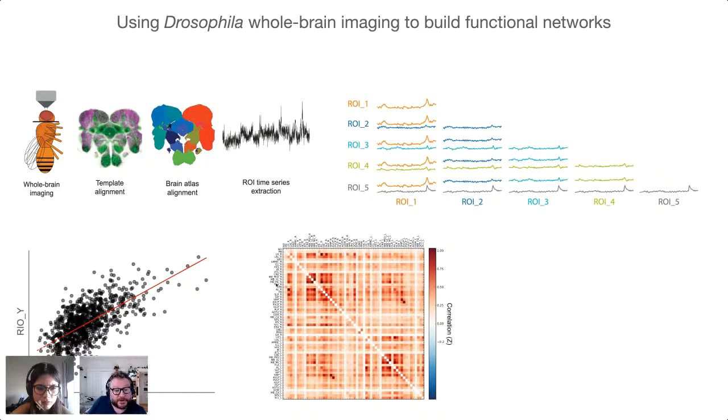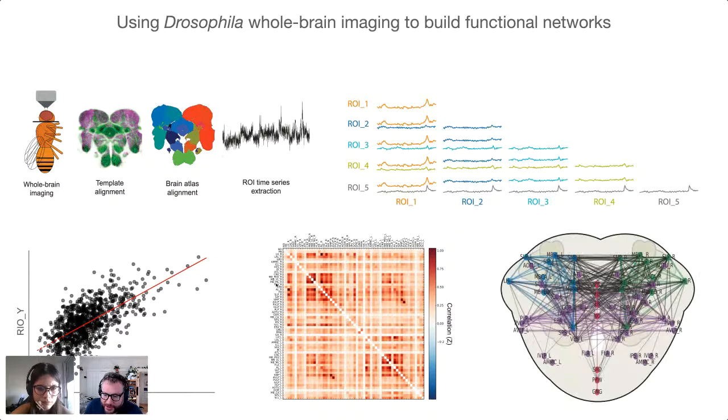The only point here is that there is structure to this and that some regions correlate more than others, right? And so this is what we call a functional network. You can visualize something like this here in this hot mess of different brain regions, showing weights between different regions and how they interact.